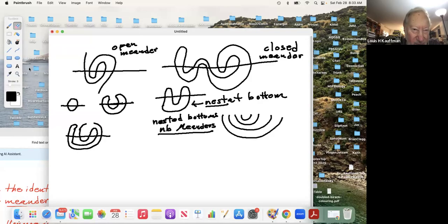So now I take this one and I bring that all the way around and come back. And so you see that you can produce all possible nested meanders by this method.